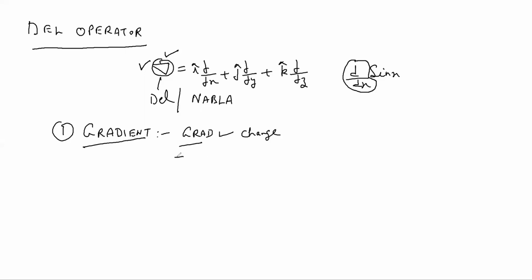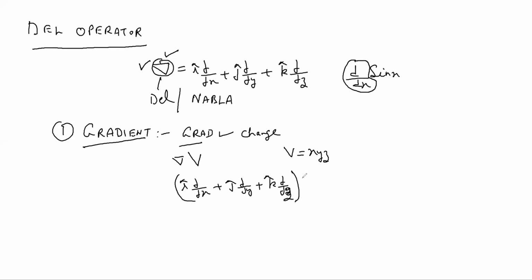Now, when del operates on a scalar field, for example, we have a scalar field V equals xyz. Then what is del? Del is i cap d by dx plus j cap d by dy plus k cap d by dz.